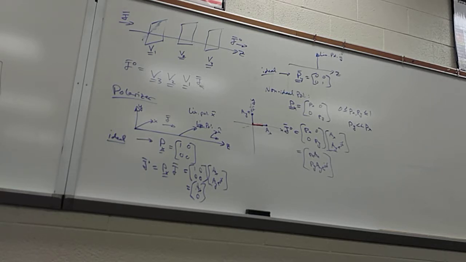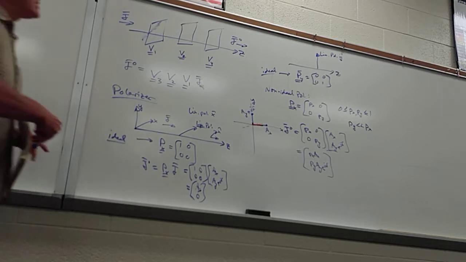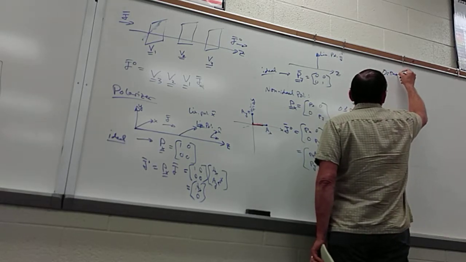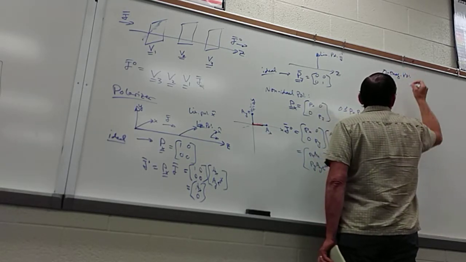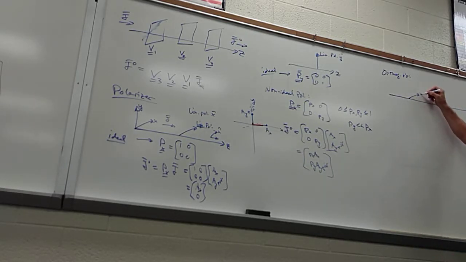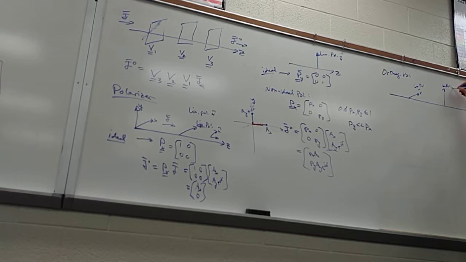All right, so now let's look at the following situation. Let's say that we have orthogonal polarizers, meaning that here on our z-axis, let's first have a linear polarizer in x, and then let's have a linear polarizer in y hat.